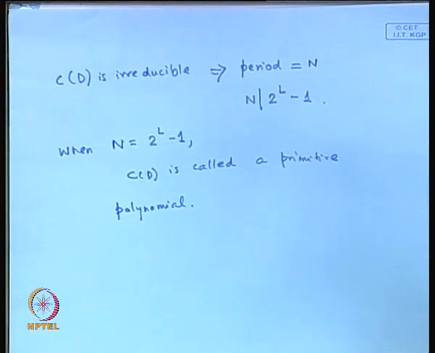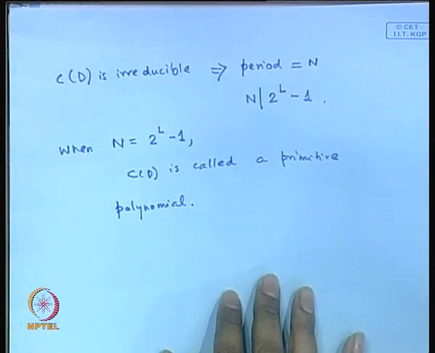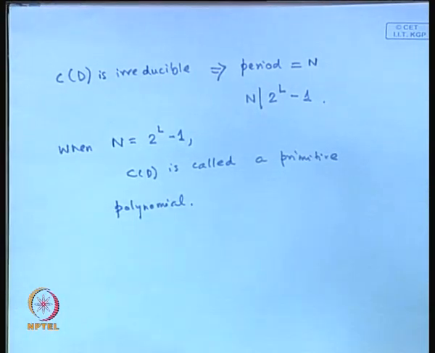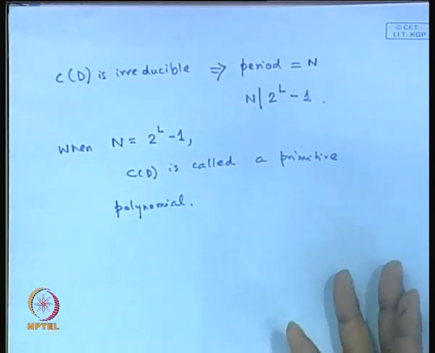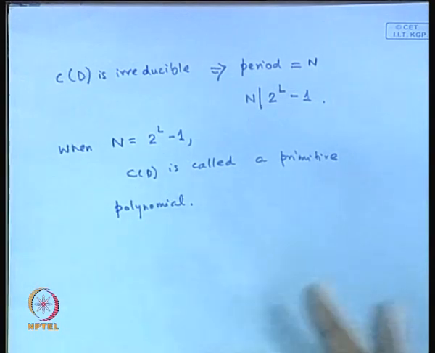So, what is a primitive polynomial? We can define it in this fashion. There are some other definitions of primitive polynomial also. One definition would be what I said: C(D) divides x to the power of N minus 1.